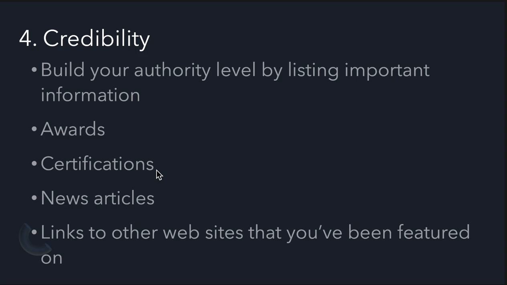If it's a nonprofit, what businesses are you working with? If you're a business, you could be bringing in your reviews from Google or Yelp. You could have a quote from a past customer. This doesn't have to be difficult.